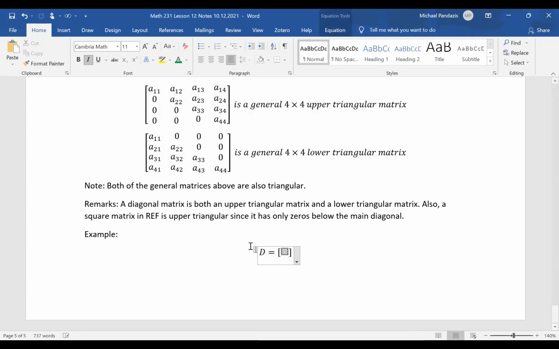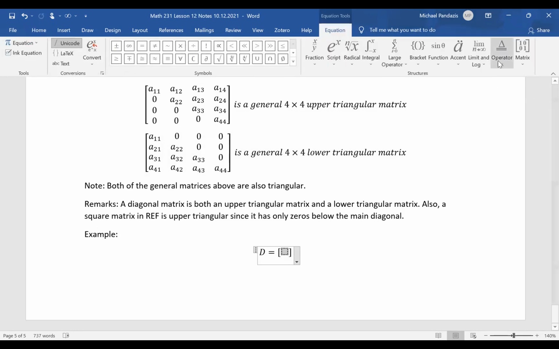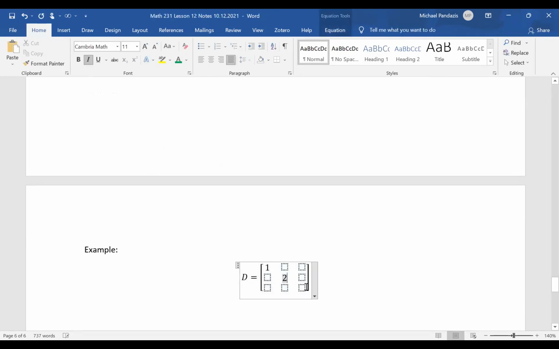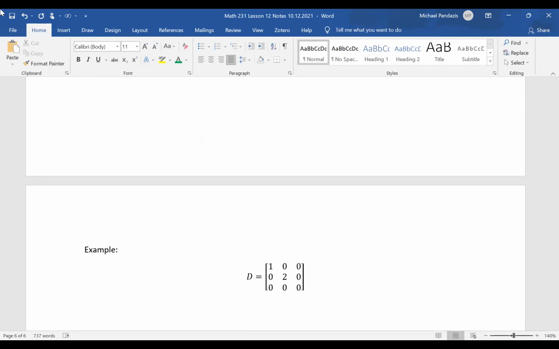Example, if you have a matrix, this is not the general D from before, now it's a specific diagonal matrix. If you look at a particular diagonal matrix here, where this is, let's say 1, 2, 0. So this is a diagonal matrix. Then it's upper triangular because all entries below the main diagonal are 0. It's also lower triangular because all entries above the main diagonal are 0.